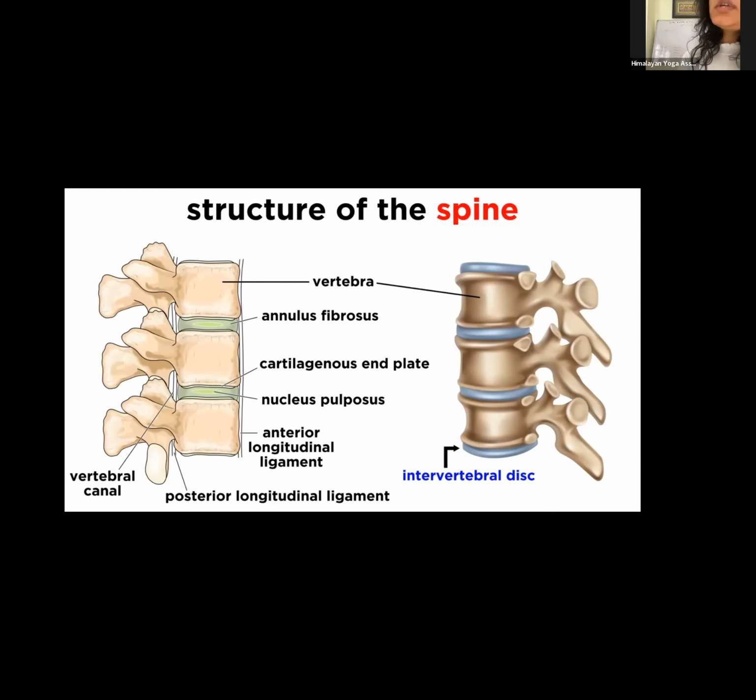Sometimes, due to our bad posture, or because we do not pay attention to our spine, these become disoriented. It spreads and becomes like this, so it disturbs the cushioning in between. It tries to touch the next bone.